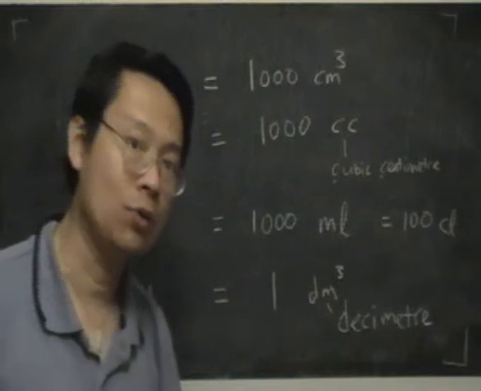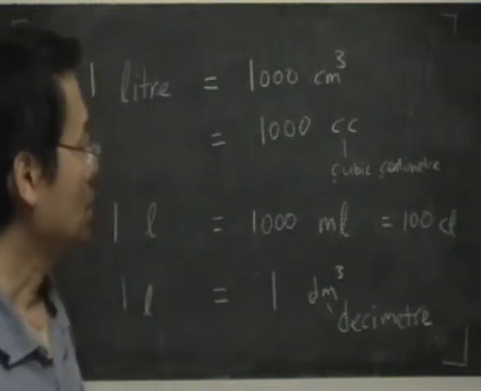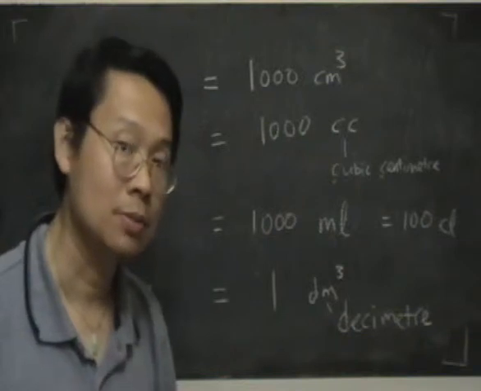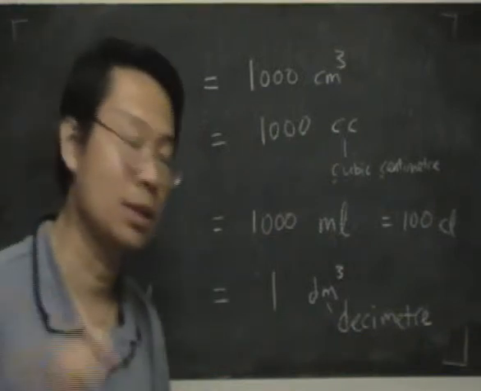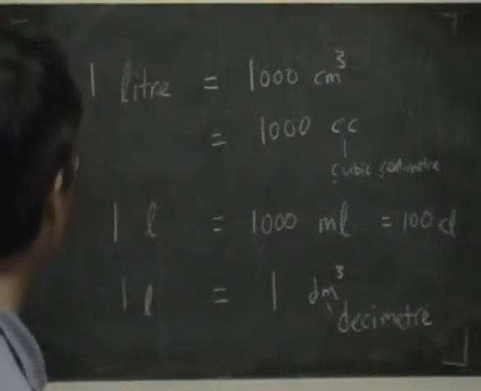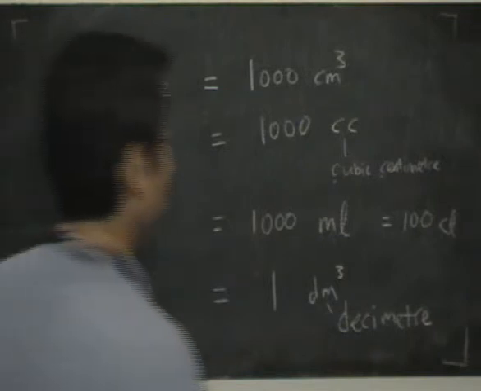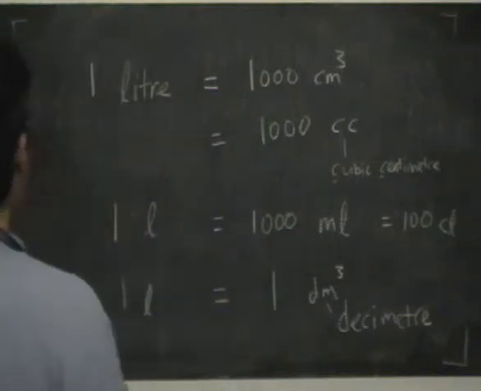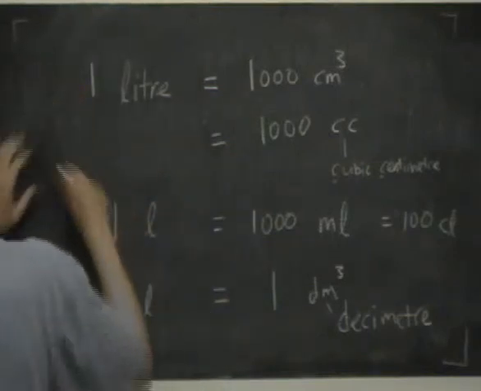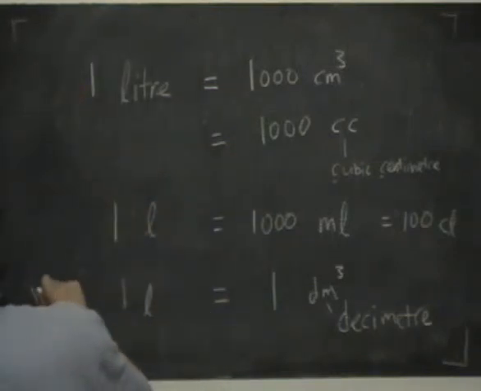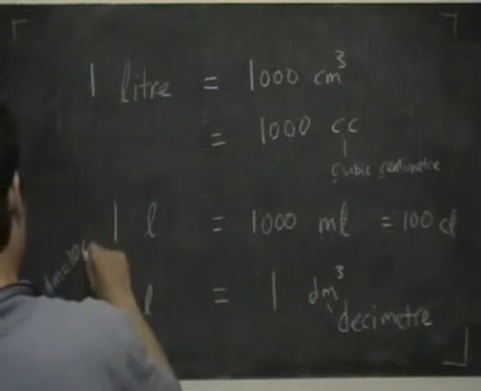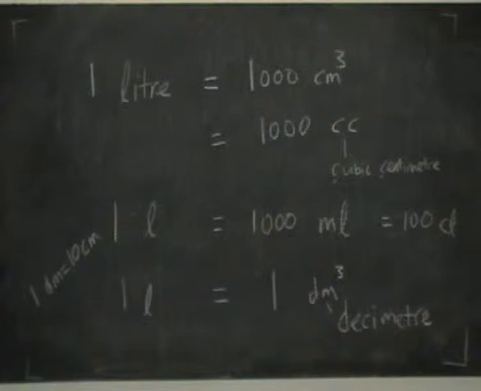Alright, and 1 over 10 of a meter is equal to 10 centimeters. Let me just write it somewhere. I'll just scribble it down here. So 1 dm is equal to 10 cm. Right.